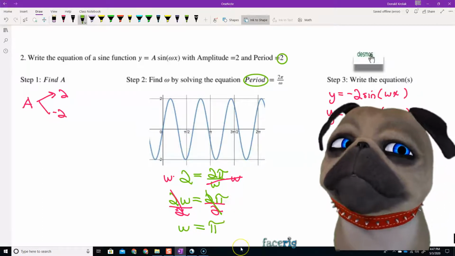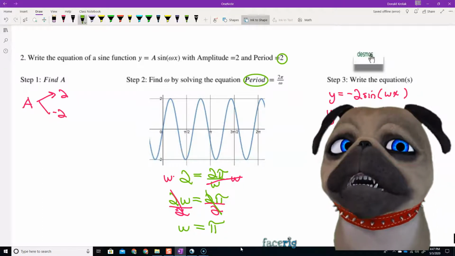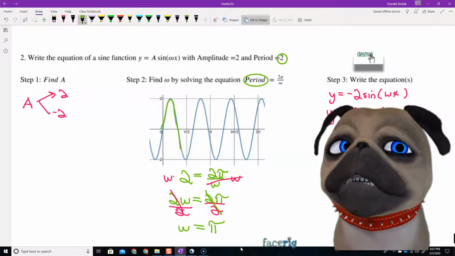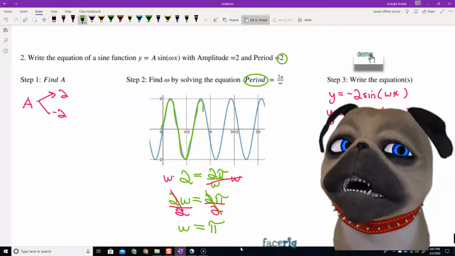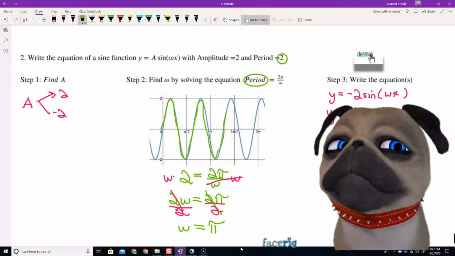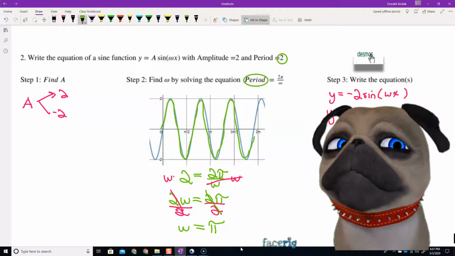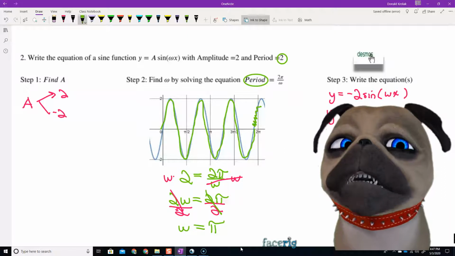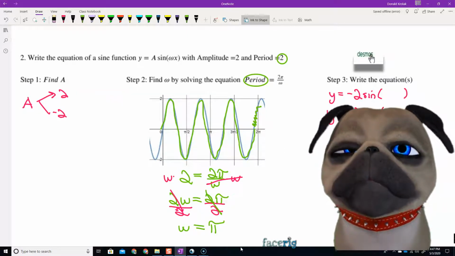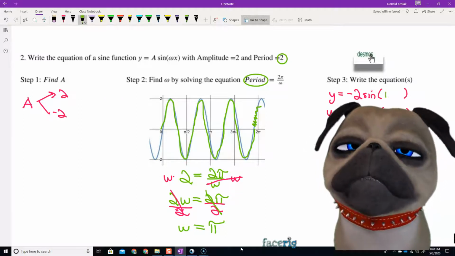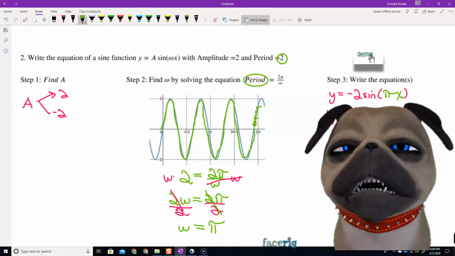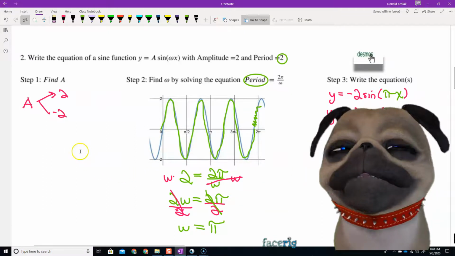So omega is equal to pi, which is about 3.14. And that's what we saw here. We saw 1, 2, 3 cycles, and then a little extra part of a cycle. So our B value or our omega value is going to be pi. So this is going to be pi times x, pi times x. And there's your 2 equations.